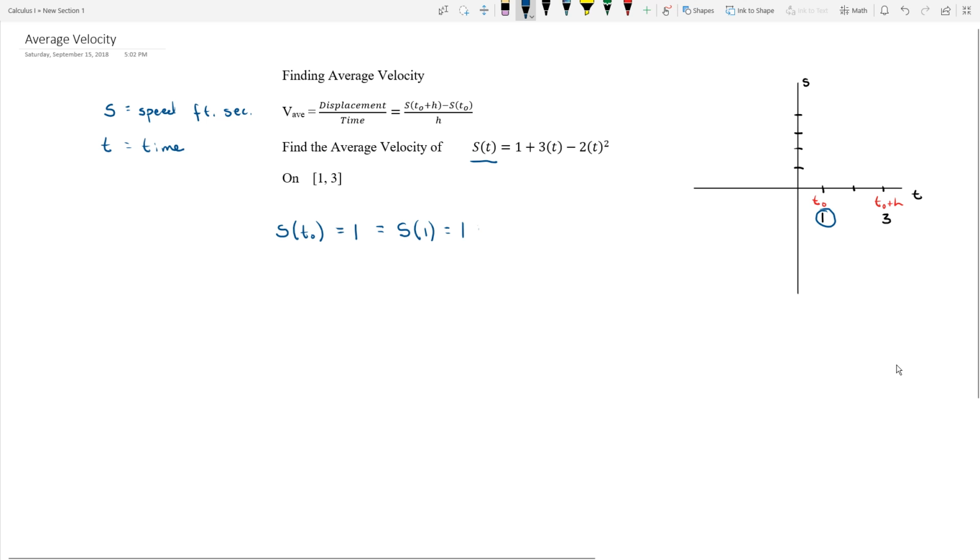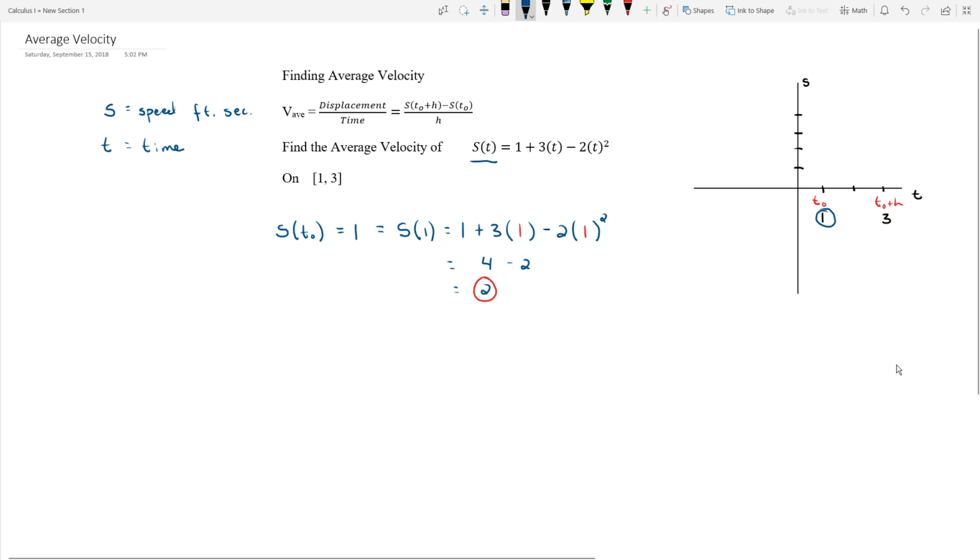So for a time of 1, we're going to have s equals 1 plus 3 multiplied by 1 minus 2 multiplied by 1 squared. We solve that down, and we end up with 3 times 1 is 3 plus 1 is 4, minus 1 squared is 1, 2 times 1 is 2, so 4 minus 2 gives us a value of 2.